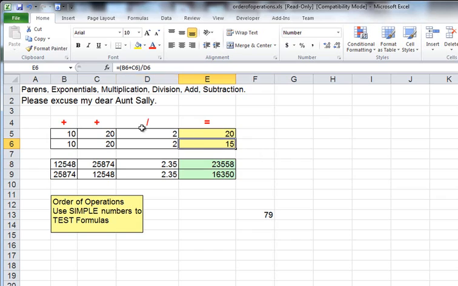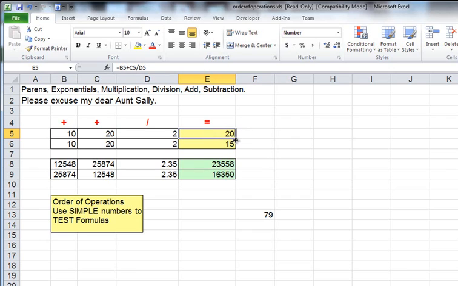And so you're forcing it to do 10 plus 20, which is 30, and then divide by 2, which gives you 15, of course.